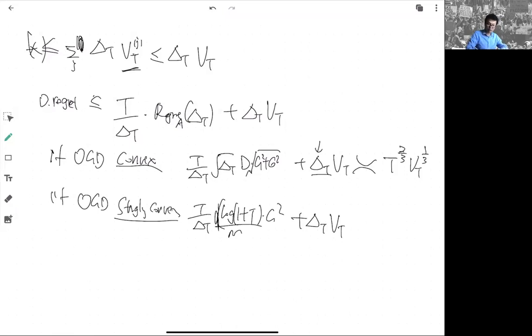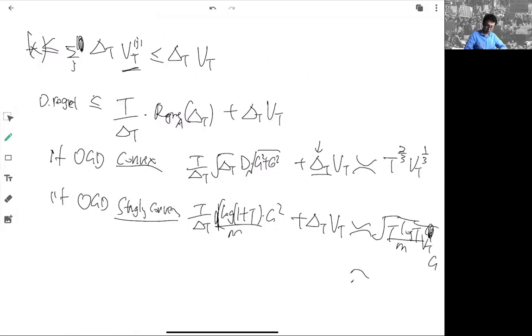Again, if you choose delta T appropriately, you will get square root of T, square root of log T, G over M, and I think I missed V_T in the square root.